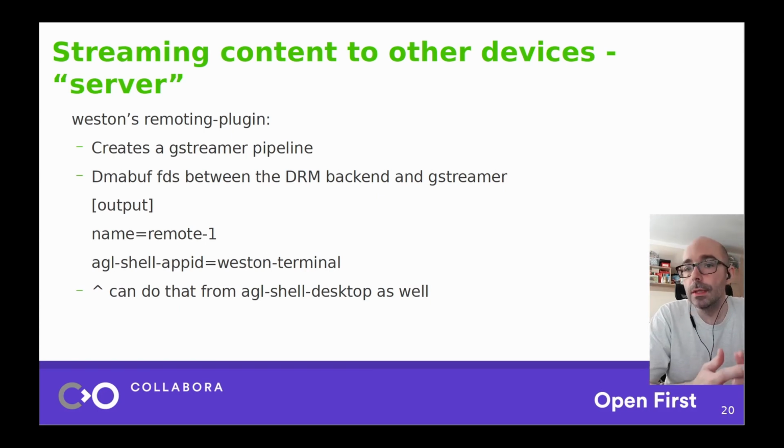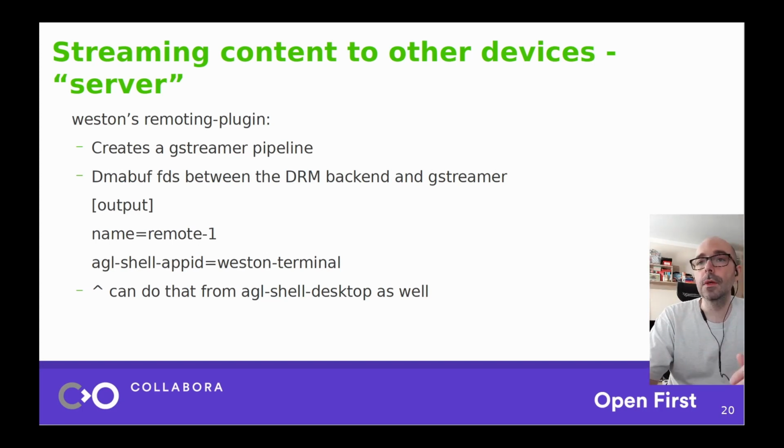We can also do that programmatically from the AGL shell desktop using the gRPC calls. The activation request has an application activation request message which contains the application ID, but also the output in terms of a human readable output.